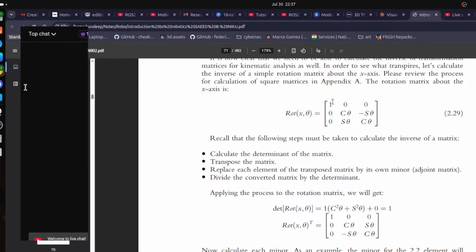For example, let's say we are finding the minor for this element, then we would cover the elements in its axis and cross multiply them. So this with this minus this with this. That's it. Repeat the same for every element, and you should have the adjoint of the matrix.